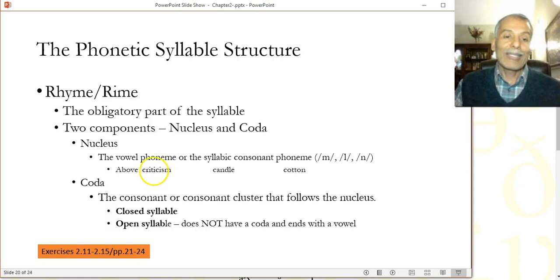And then t, the t is the onset, and then i is again a vowel, and that is the nucleus, and there is no coda to that. And then si, that's another syllable. So s is an onset, and then i is a rhyme, but that rhyme doesn't have anything more than the vowel.